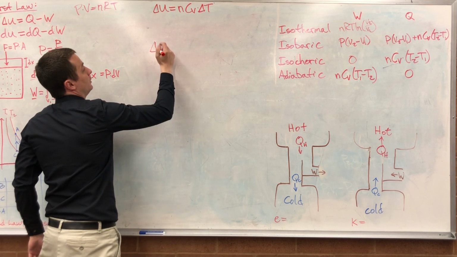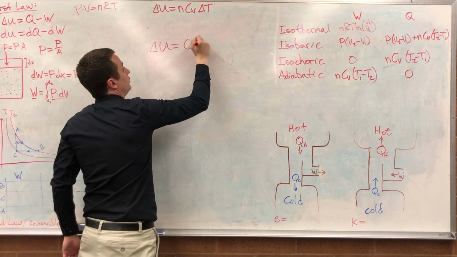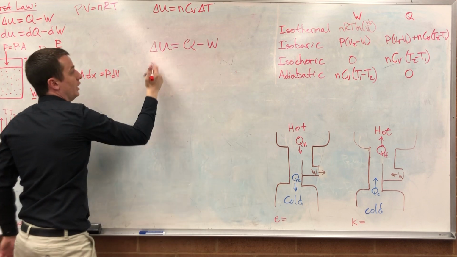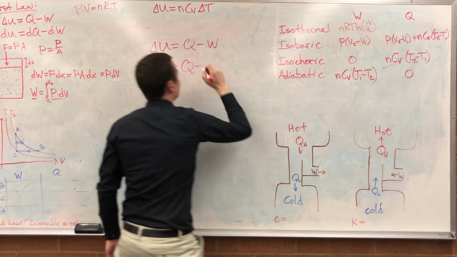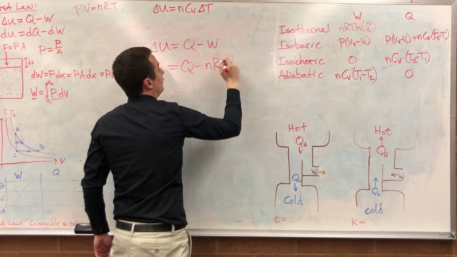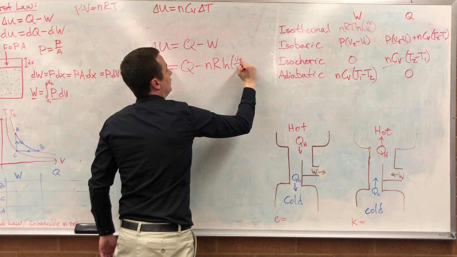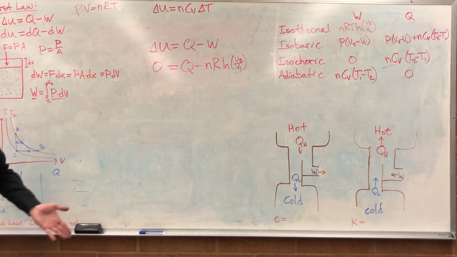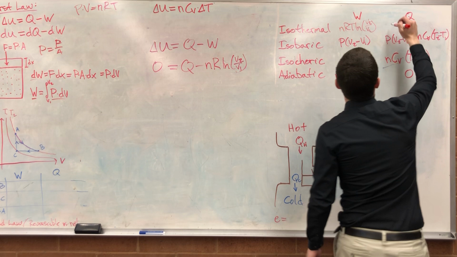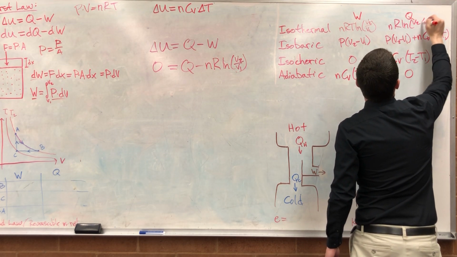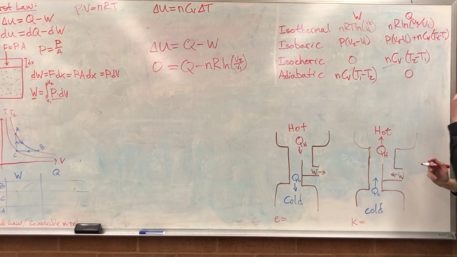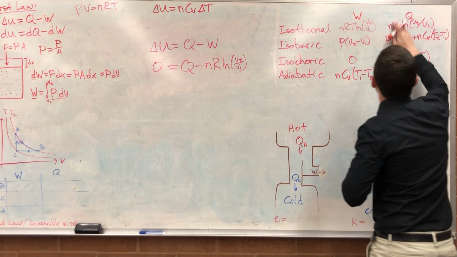And so I still have delta U is equal to Q minus W. If delta U is equal to 0, and we know what W is, nRT natural log of V2 over V1, then Q is just equal to that. nRT natural log.